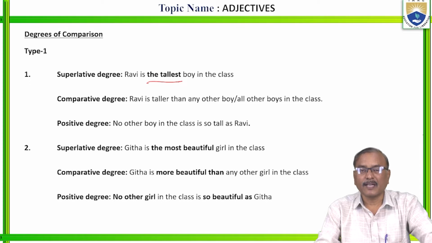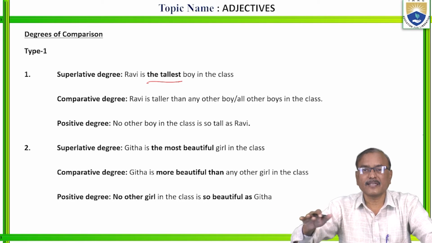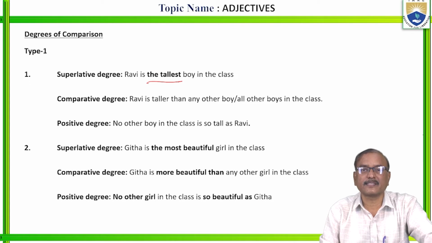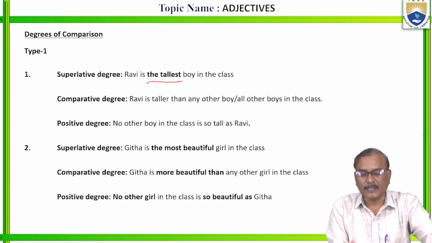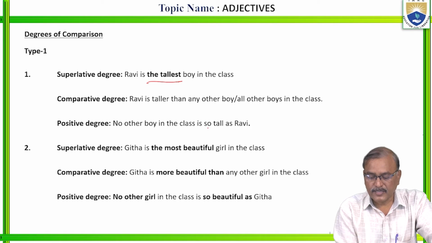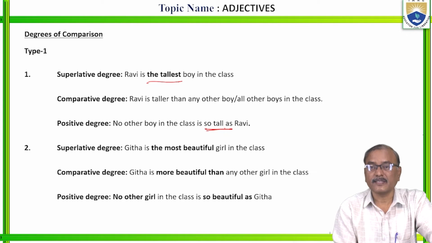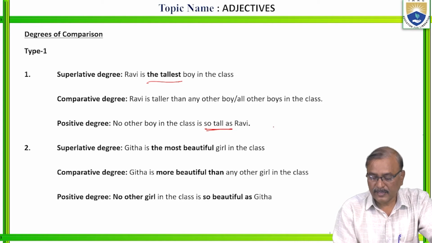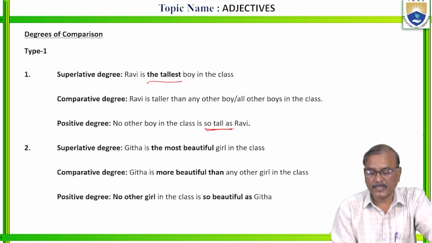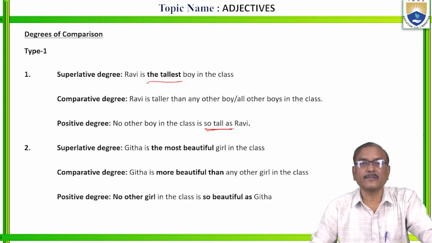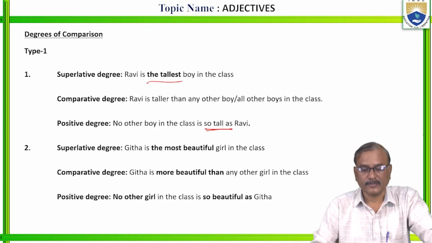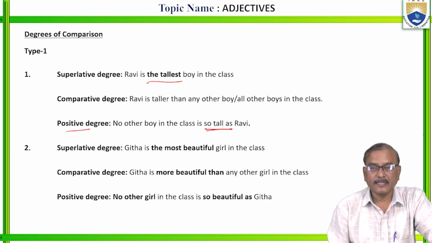Among all boys in the class, Ravi is the tallest. That means no other boy in the class is so tall as Ravi. So tall. Remember this one. No one is equal to Ravi. That is the meaning.